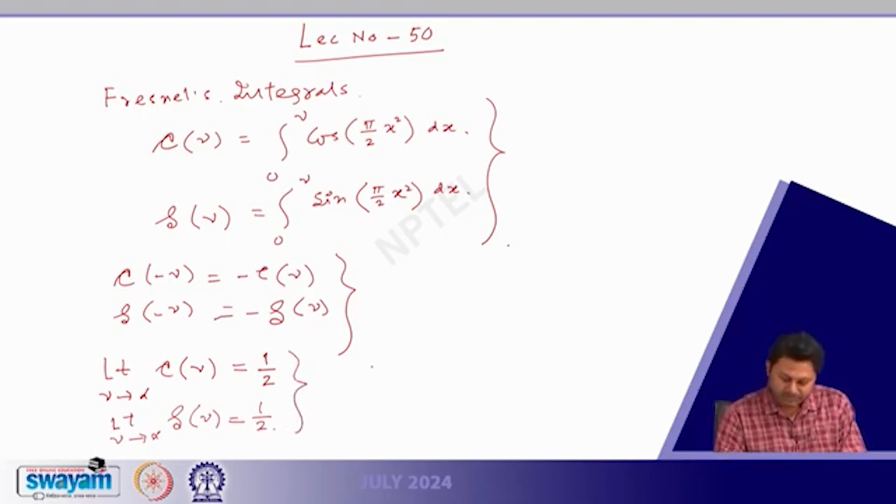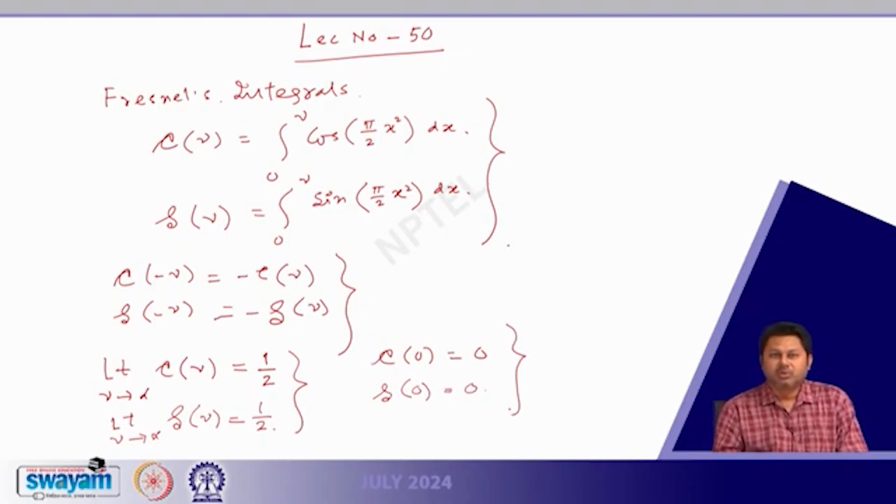Not only that, we also have C of 0 is 0, and S of 0 is 0. So these are the properties we tried to evaluate in the last class, and we evaluated that.